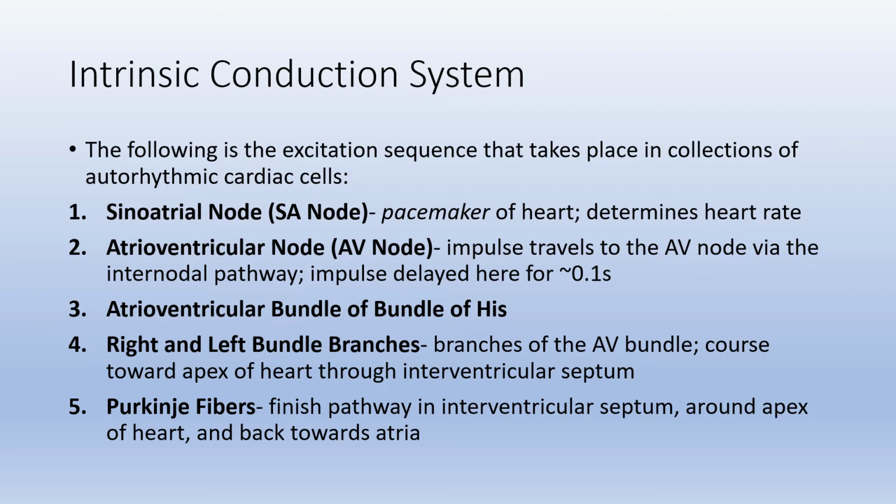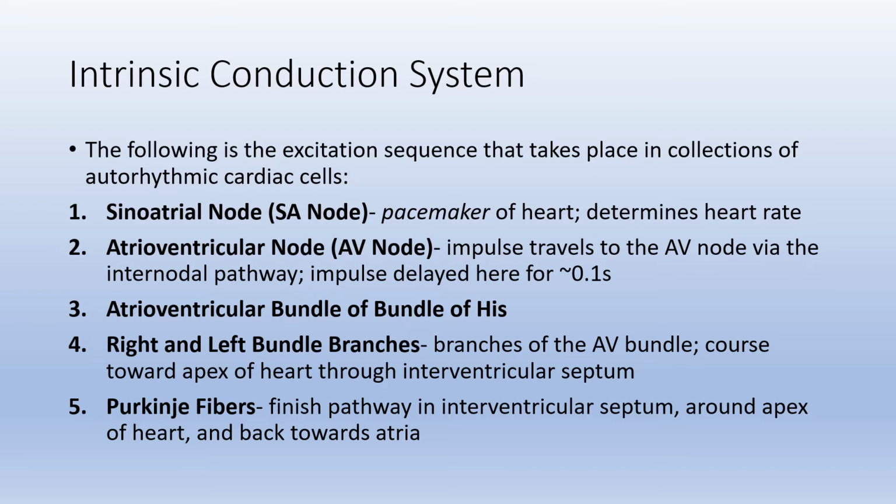Usually it's an inherent rate of 100 beats per minute. Now, if you were to take your heart rate right now, it might be 70, it could be 60. That is because we do have external sources affecting our heart rate, but we don't need those external sources.